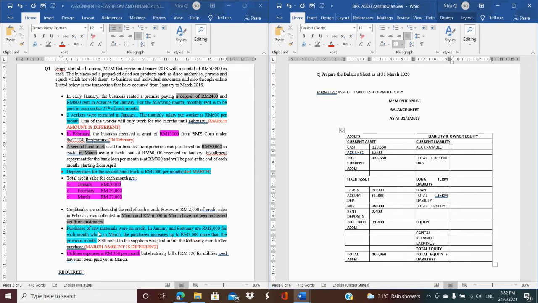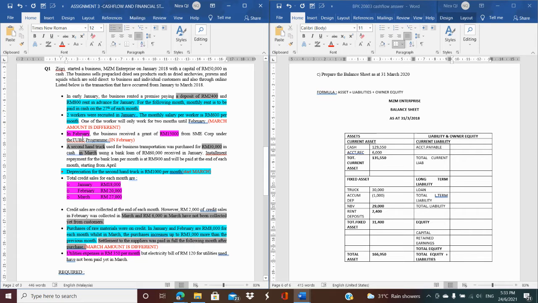So you can find it here, at the purchase of raw material. It said that settlement to suppliers was paid in full the following month after purchase. So it means that the purchase is done in March, but you have not paid it yet, because you will settle the payment next month, so you still owe money for your purchase.